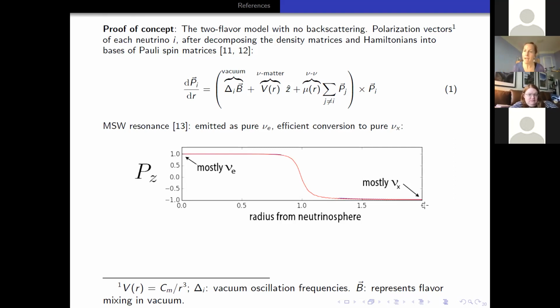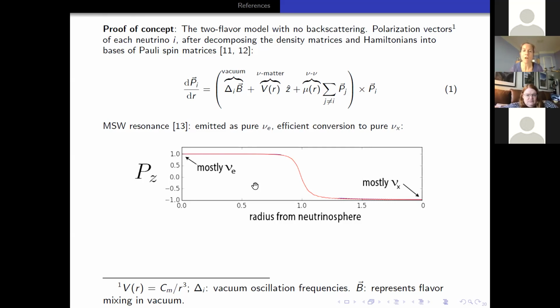Now, say all of the neutrinos are emitted from the neutrino sphere as pure electron flavor state. They will undergo a very efficient transition, what we call a resonance, at some location within the cloud to pure nu X. For those of you who know a little bit about quantum mechanics, this is because the energy or mass eigenstates of neutrinos are not the same as the flavor eigenstates.